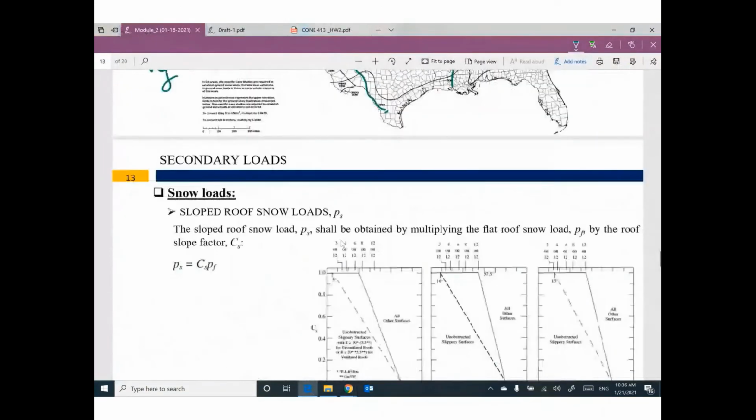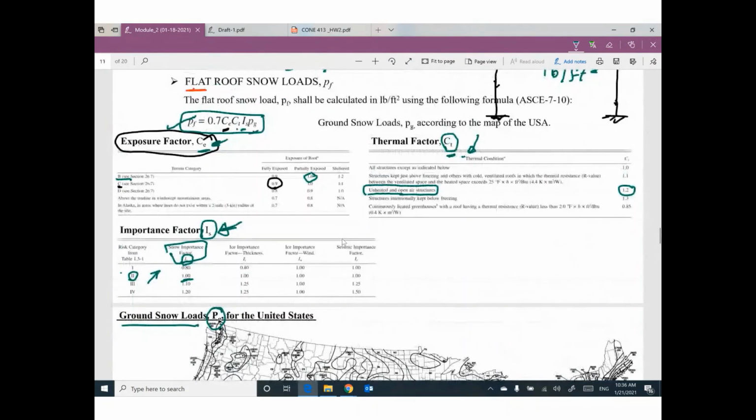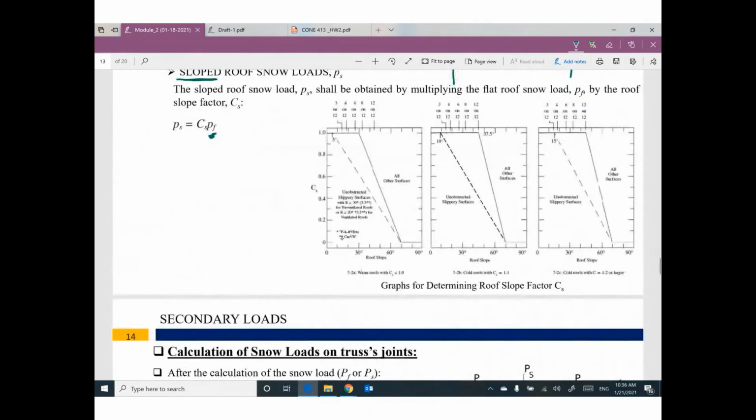What will happen if you have a sloped roof like this one? It's easy. Just take the flat roof value of snow that you calculated from this equation and multiply it by a factor called CS.